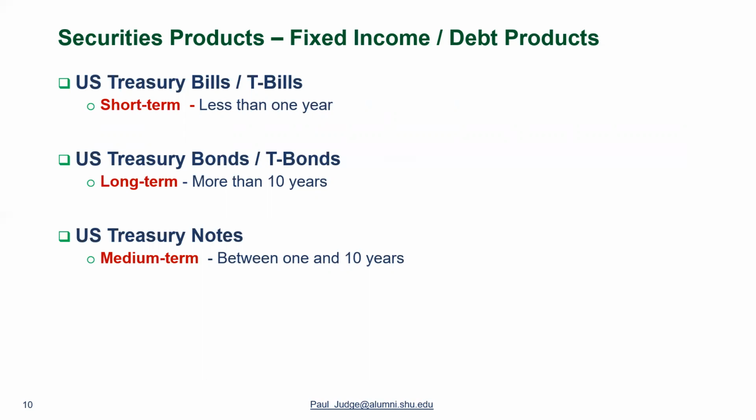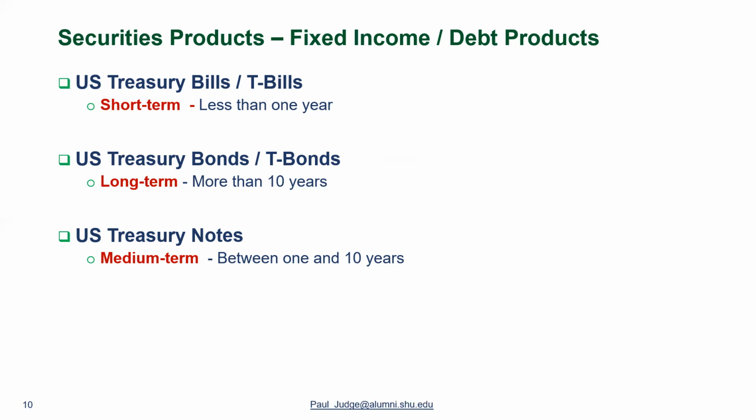It's great. Dividends, right? And any money you make in this can't be taxed by the states or municipalities. Treasury notes, medium term, between 1 and 10 years. And again, it pays interest. I think it's every 6 months. And any money you make on these can't be taxed by the states or municipalities.